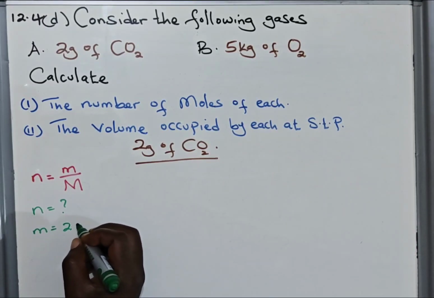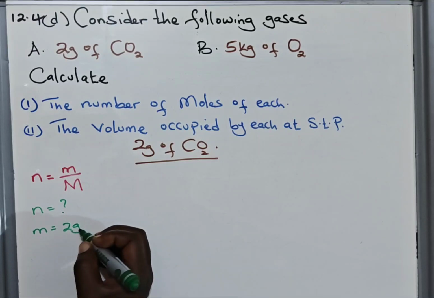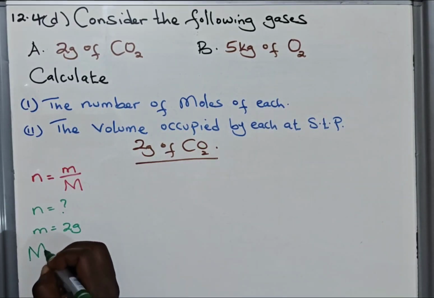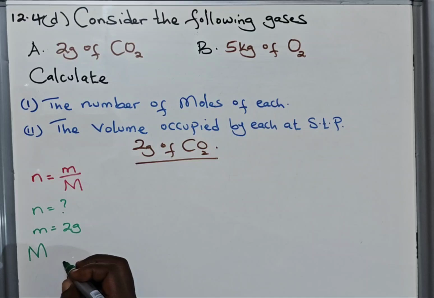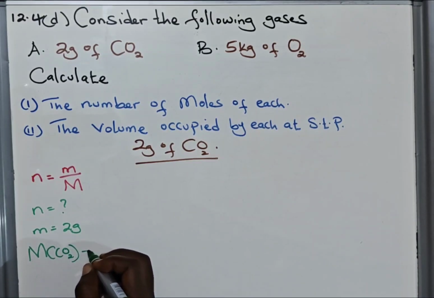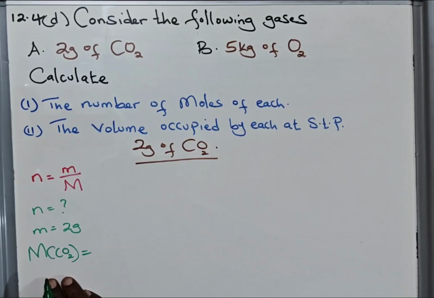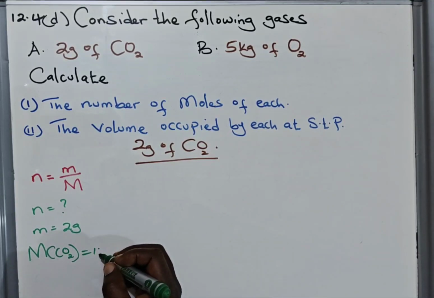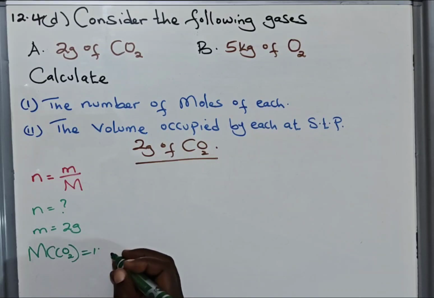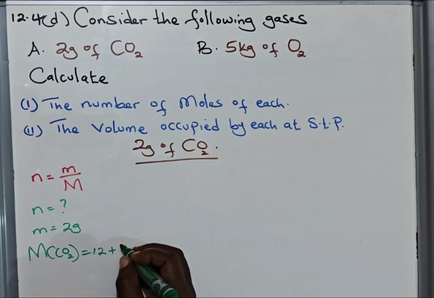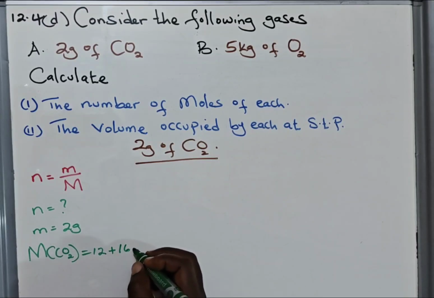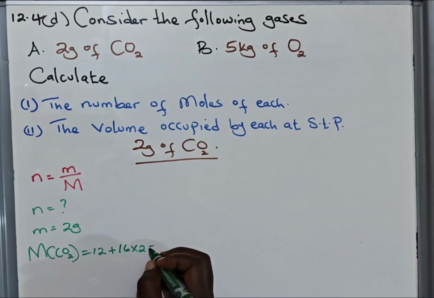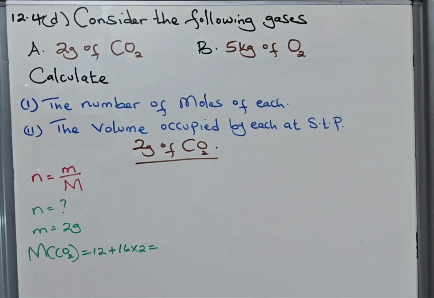Mass is 2 grams. What else do we know? We know the molar mass because we know the gas we are dealing with is carbon dioxide. Carbon is 12, plus 16 for oxygen, but times 2. This will give you 44.